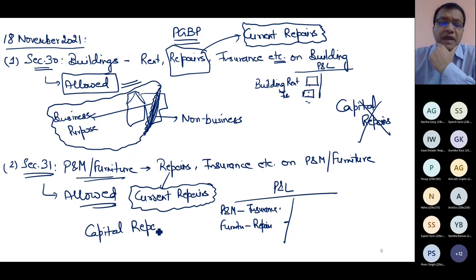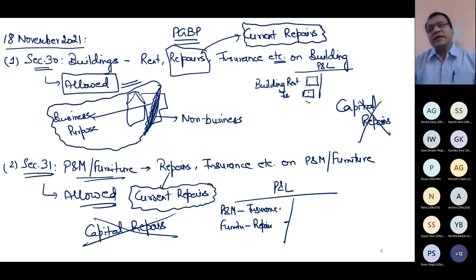Capital repair means repair whose benefit I will receive in my coming many years, and then I don't get the benefit of that expenditure under section 30-31. It does not mean that I will never get the benefit. There may be other sections, but in section 30 and 31, you need only current repair. That's it. This is what my section 30 and 31 is.